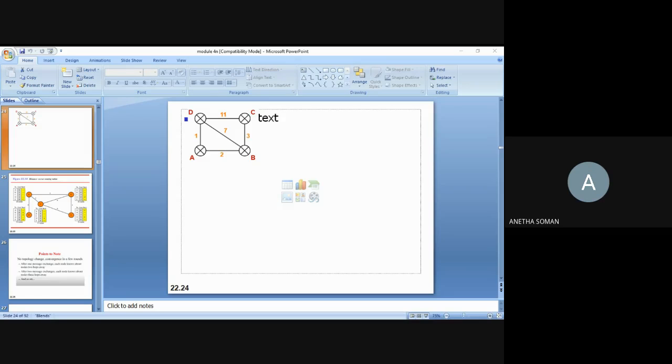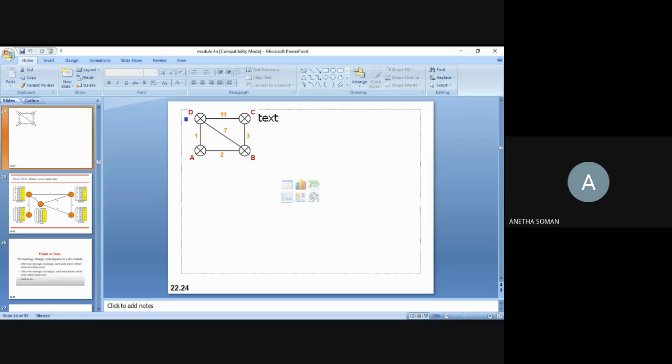Okay, so what I was telling about the distance vector routing algorithm was, this algorithm is given the name Bellman-Ford algorithm. And here, each node maintains a routing table called the distance vector.